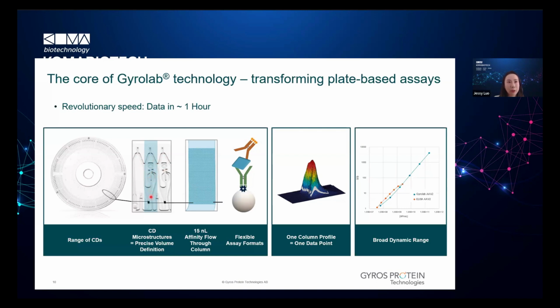And the core part of the CD is this affinity column. There are a lot of beads, resins inside this affinity column, and it has 15 nanoliter.